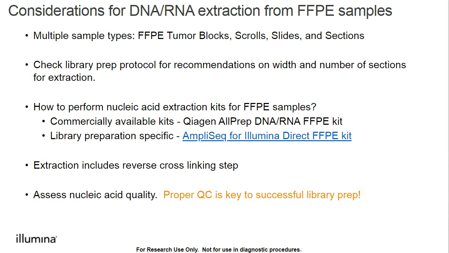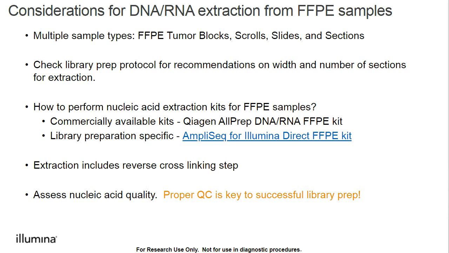Once our sample has been dewaxed and liquefied, the DNA is often cross-linked to itself or other proteins. This is from the formalin fixation process. The cross-linking makes our DNA less pure, and it doesn't perform well in PCR or sequencing-based applications. So every extraction is going to include a reverse cross-linking step. Fortunately, this can be done by heating your samples to 80 to 90 degrees Celsius for about an hour or so, depending on the protocol.